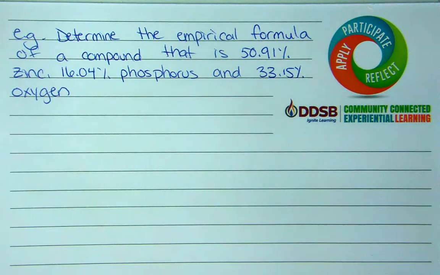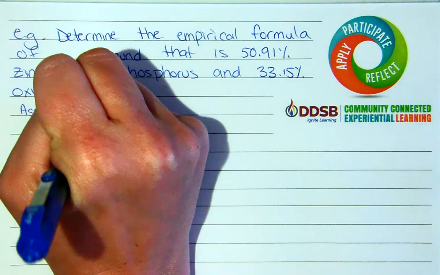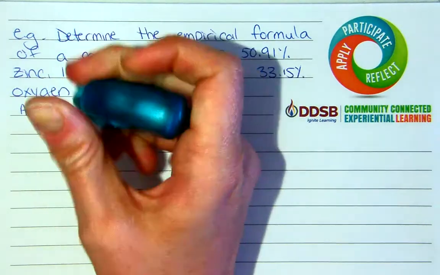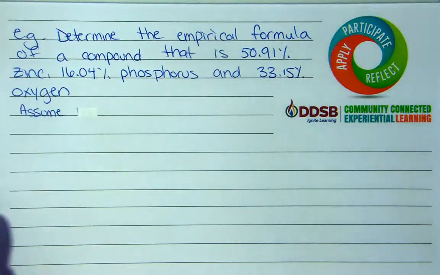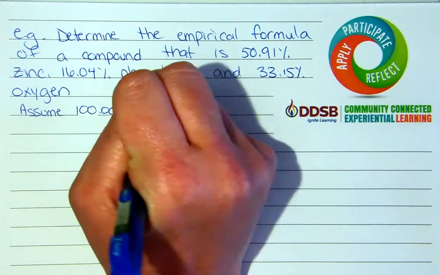The example is determine the empirical formula of a compound that's 50.91% zinc, 16.04% phosphorus, and 33.15% oxygen. We're going to remember that this is a 100.000 gram sample.